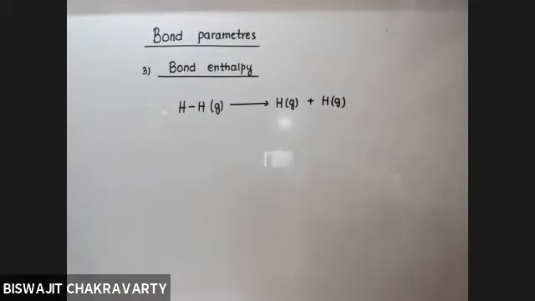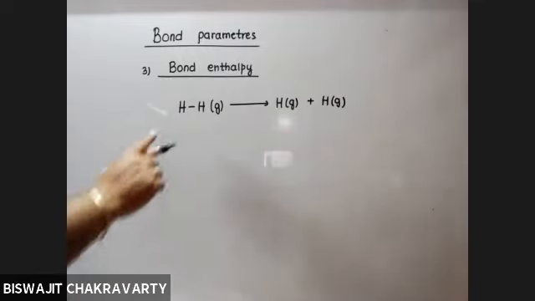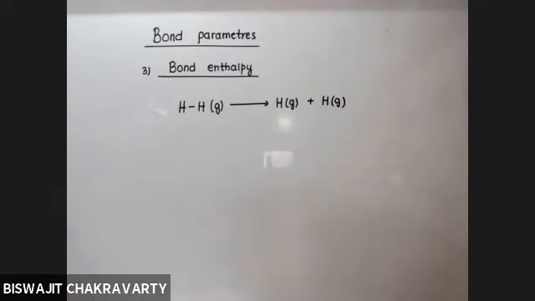If you want to break down something, you need to supply energy. So how much energy is required to break down 1 mole? When I say 1 mole, it's not a single H-H bond we are interested in breaking. We are interested in breaking how many such bonds? 6.022 into 10 to the power 23.